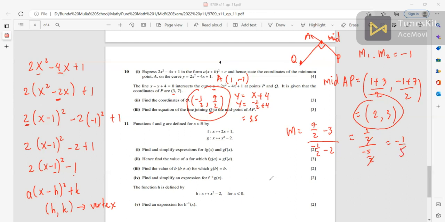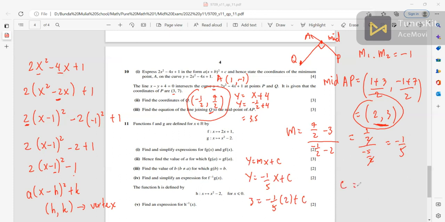To find the equation of the line, remember y equals mx plus c. So y equals, the gradient is minus 1 over 5, x plus c. For the x and y, I use the midpoint (2, 3). So 3 equals minus 1 over 5 times 2 plus c.